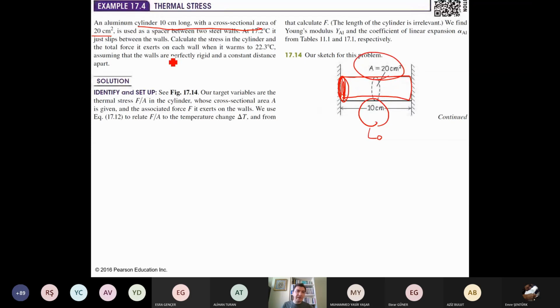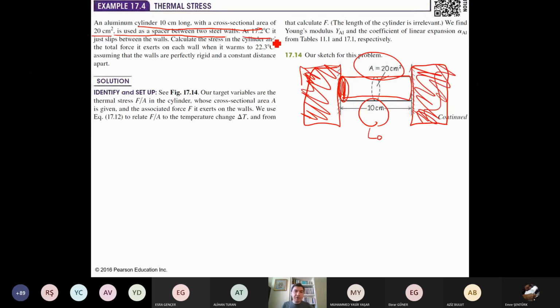It is used as a spacer between two steel walls. And here we have a steel wall, okay, and here we have another steel wall. At 17.2 degrees Celsius, it just slips between the walls. So this aluminum can move easily, okay, at 17.2 degrees Celsius.